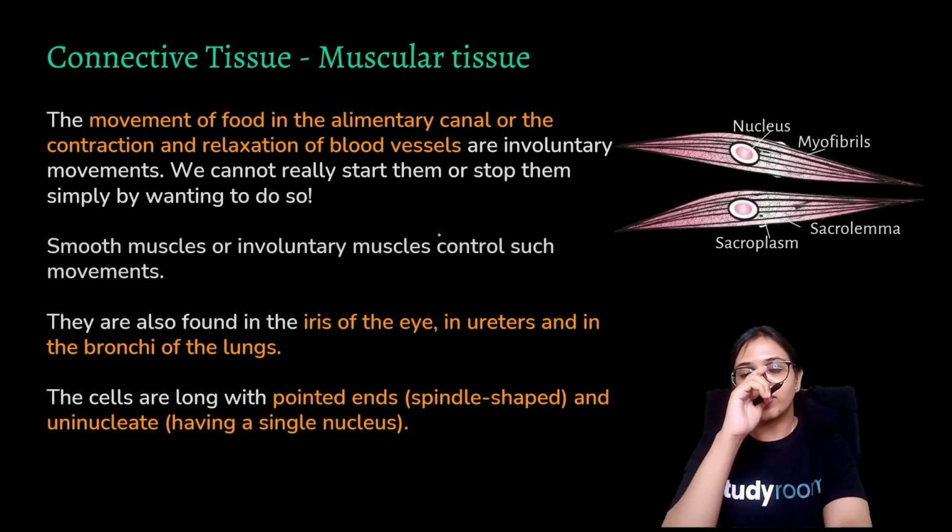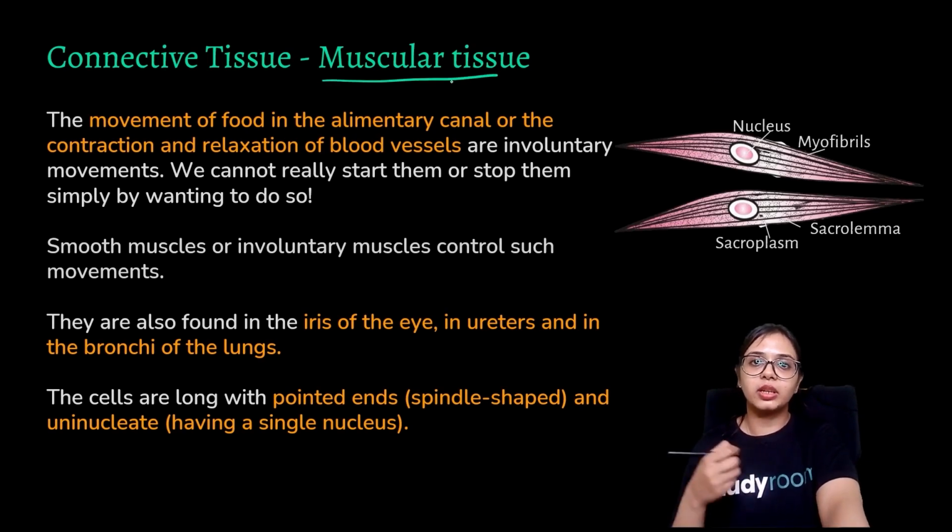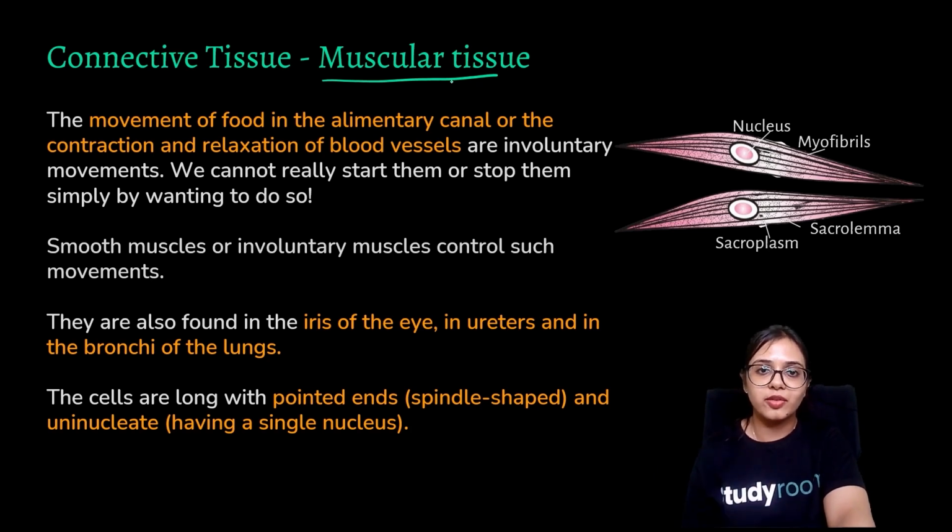Another type of tissue is the muscular tissue. Please don't confuse it with the muscle tissues that we will be learning in the next part of this chapter. This muscular tissue is responsible for all those involuntary movements that we are having inside the alimentary canal.